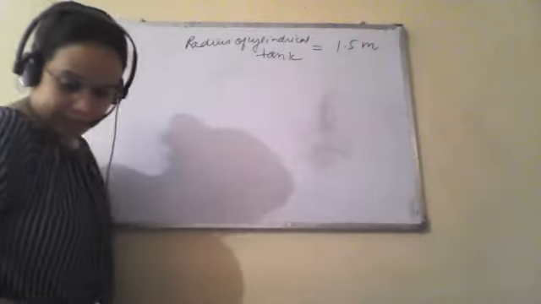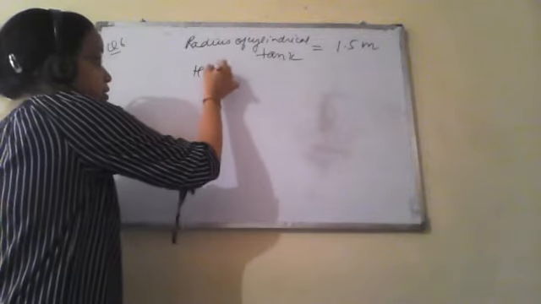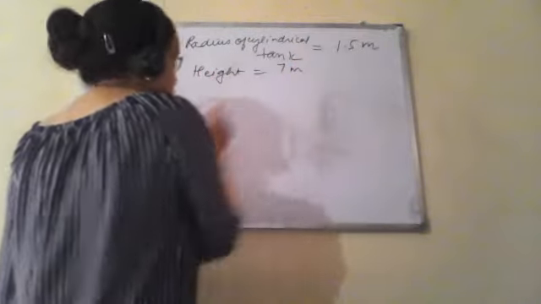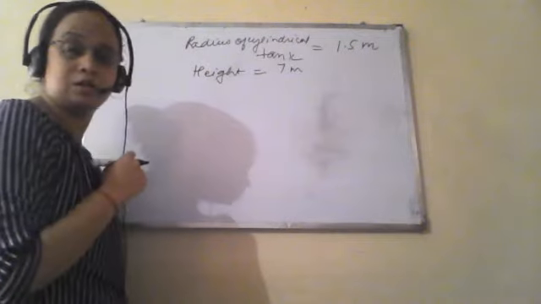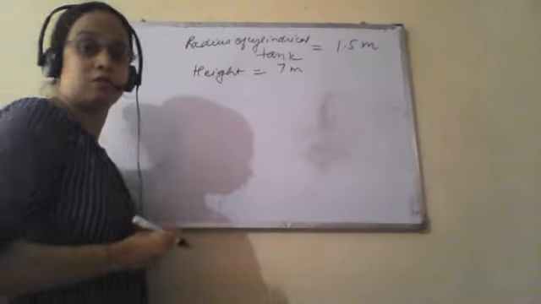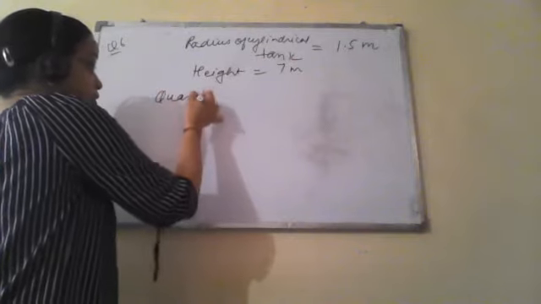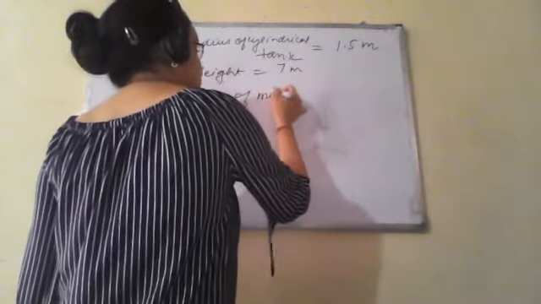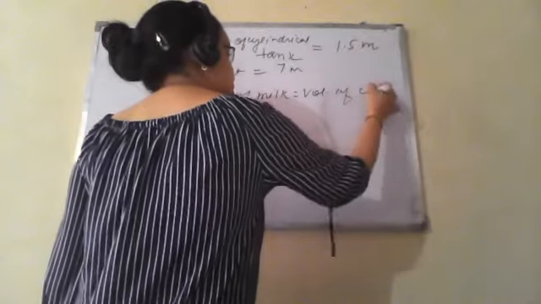And length means height, and height is 7 meter. So we have to calculate the capacity. Okay, quantity of milk. So in this case we have to calculate the volume. Quantity of milk will be equal to volume of cylinder.